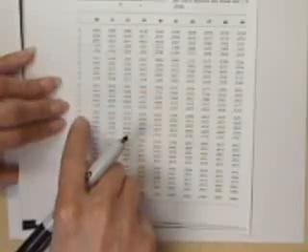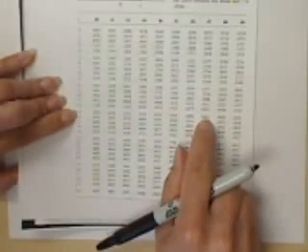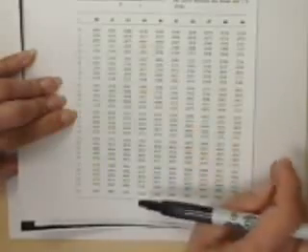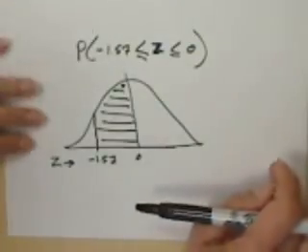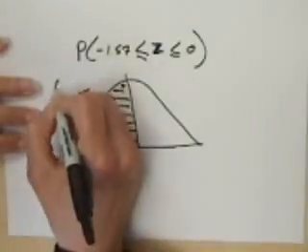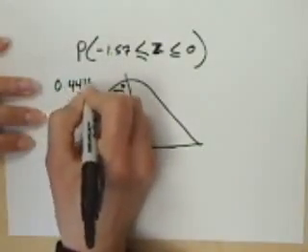Look this up. Z is equal to 1.5, 0.07. At the intersection, you see 0.4418. So this area right here is 0.4418.